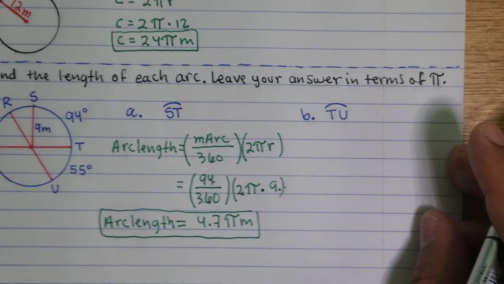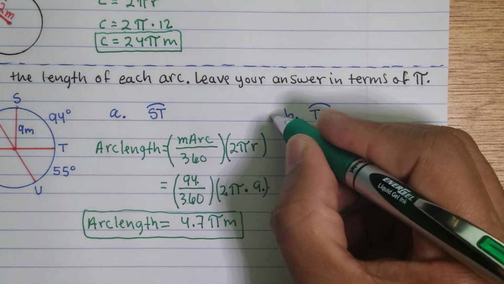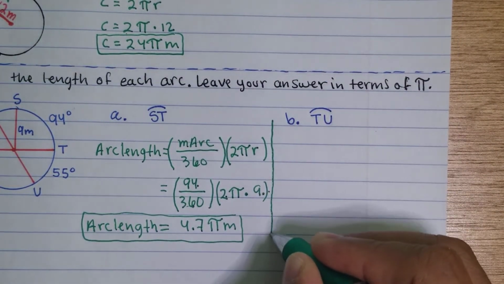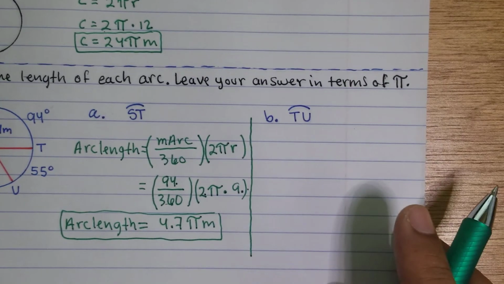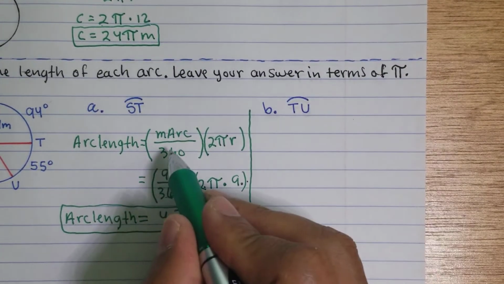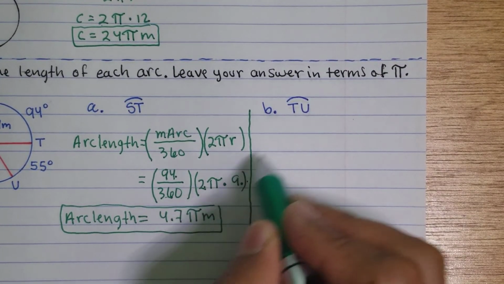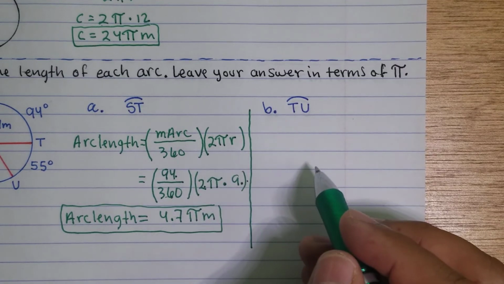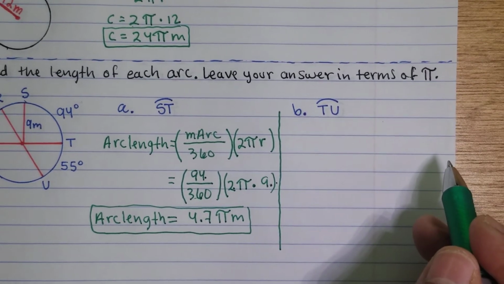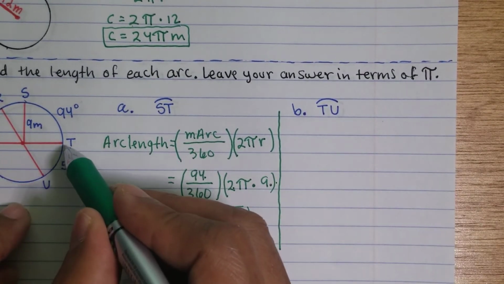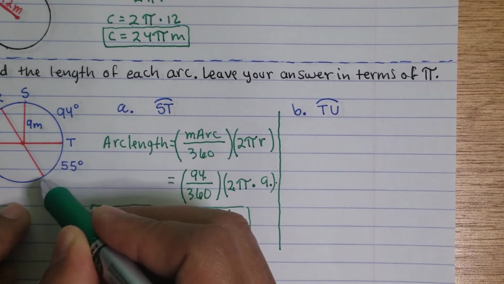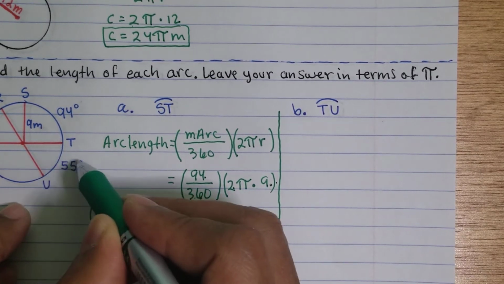The second example, we're going to do the same thing. I'm going to just draw this line here to separate the two problems. For this one, I already had the formula here, so I'm just going to substitute the values into that formula. Again, we're looking at the same circle, but now we're looking for the length of the arc TU. And we know the measure of the arc is 55 degrees.